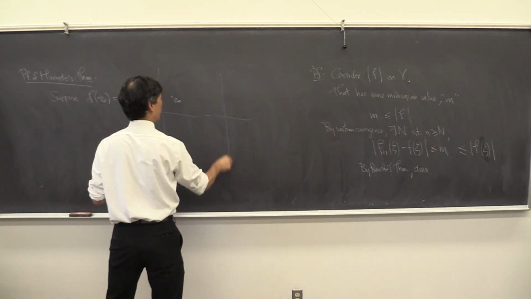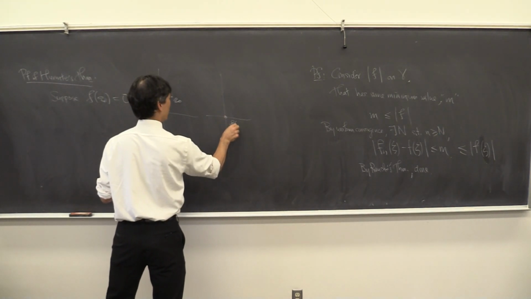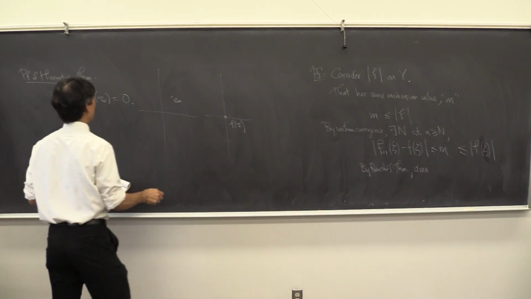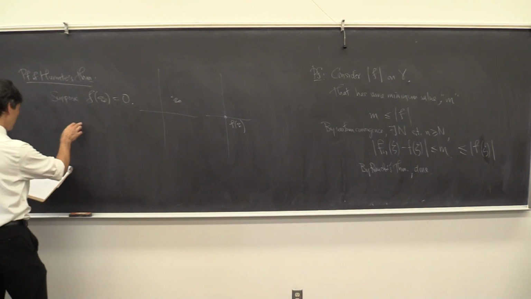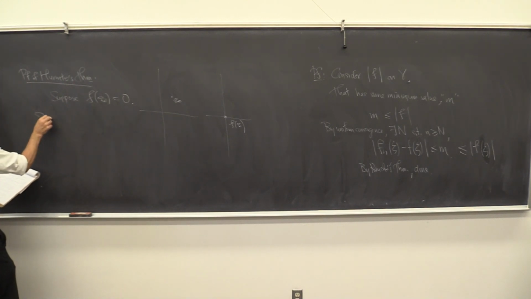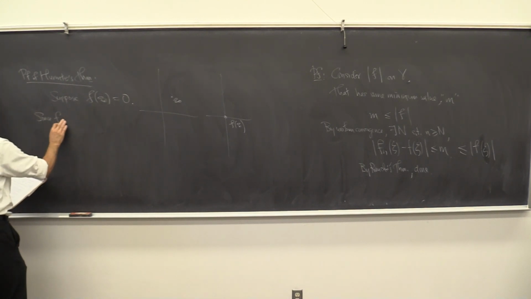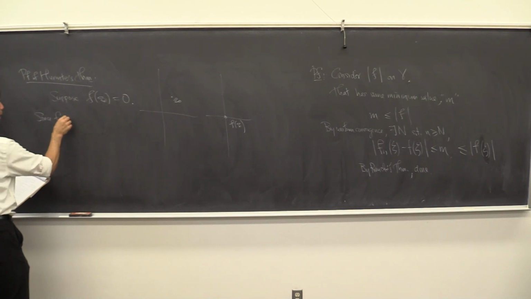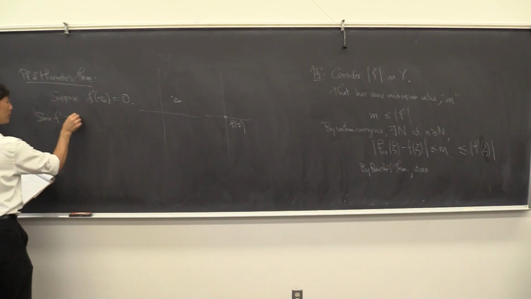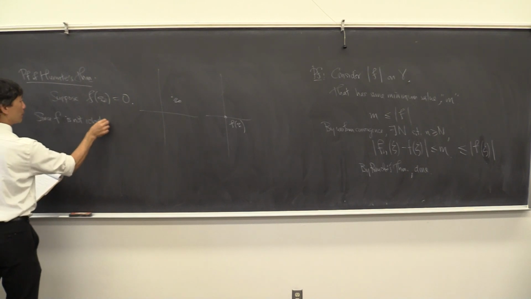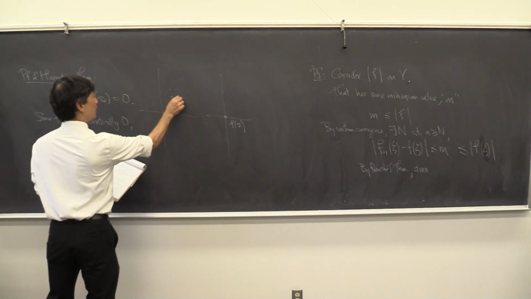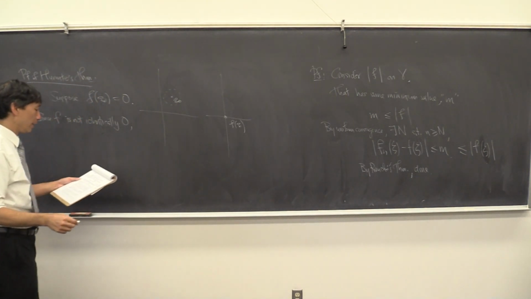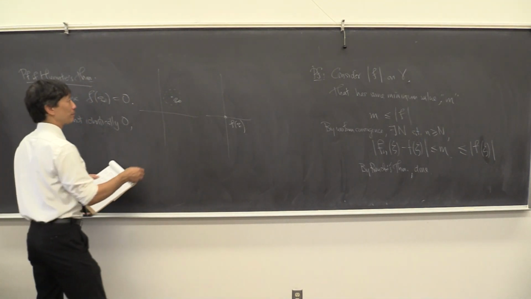So at this point z0, it gets mapped to 0, right? Again, our function is not identically 0, so again we can choose some disk around here where the function is non-zero.